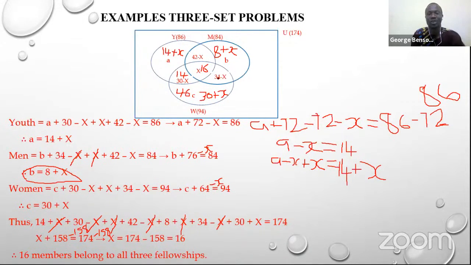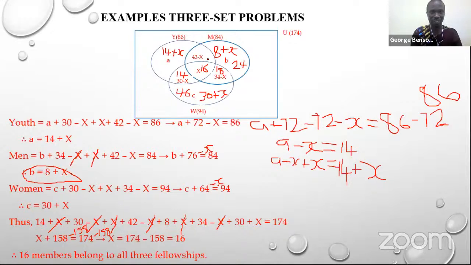Here, 34 minus 16. What are we going to get? 18. Thank you. So it's 18. Then here we're adding, so it's 24, right? Yeah, 24.